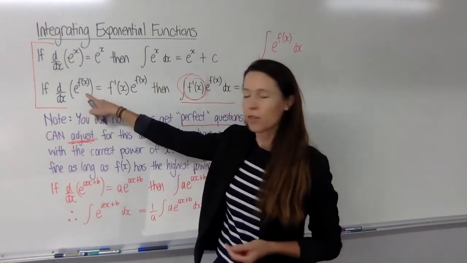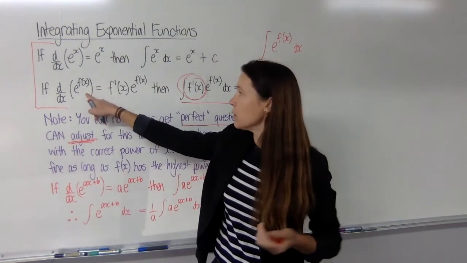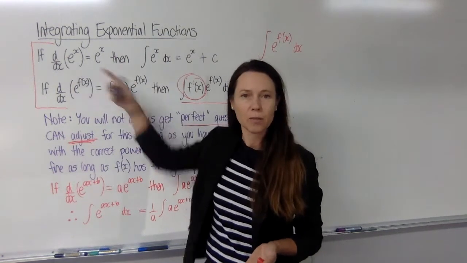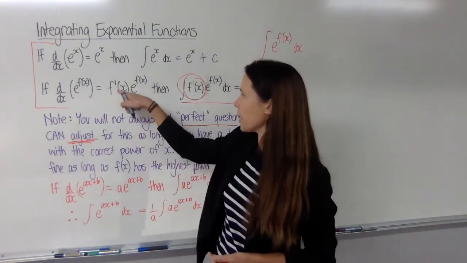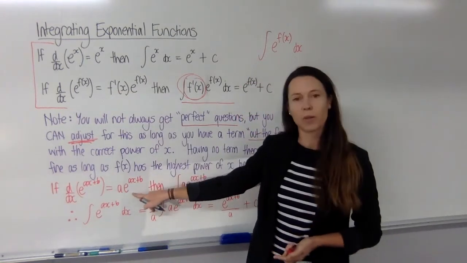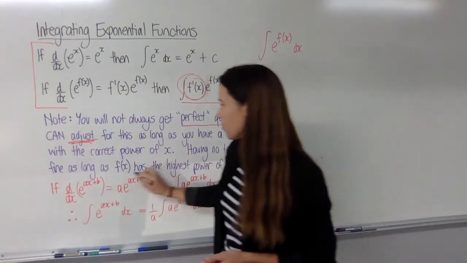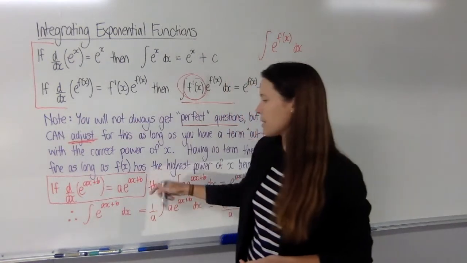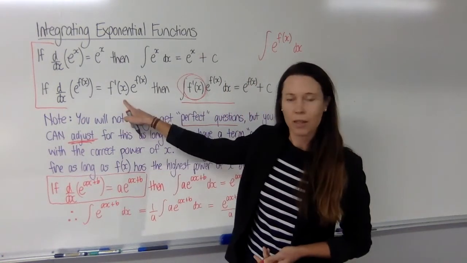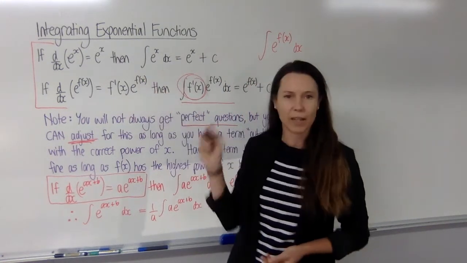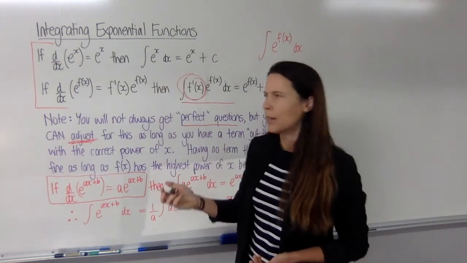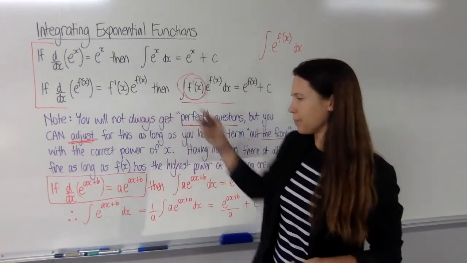Ax plus b is just a function of x. So if you differentiate ax plus b, you'll get a, bring it down the front. And that's exactly what happens. So you can see that this little rule here is kind of unnecessary to memorize if you know this one. And this one helps you with any function of x, not just ax plus b. So it's really more all-encompassing.